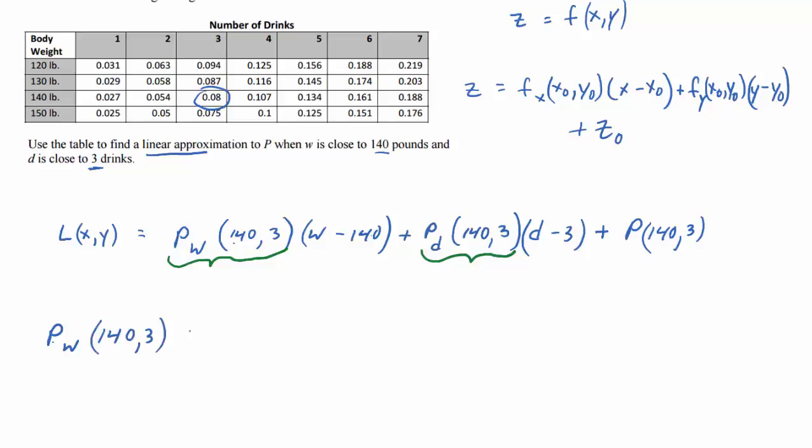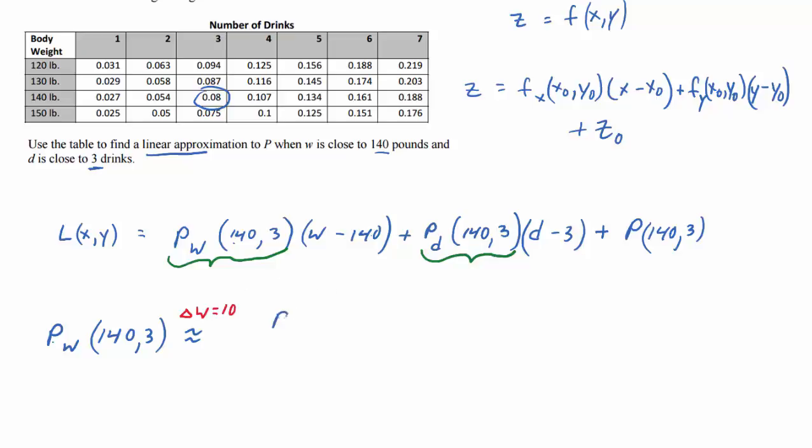If you think about it, that should be approximately equal to, well, let's see, what kind of delta can we use? It looks like the difference between the weight values is 10. So let's use a delta W equal to 10 here, and then let's use the difference quotient to estimate this.